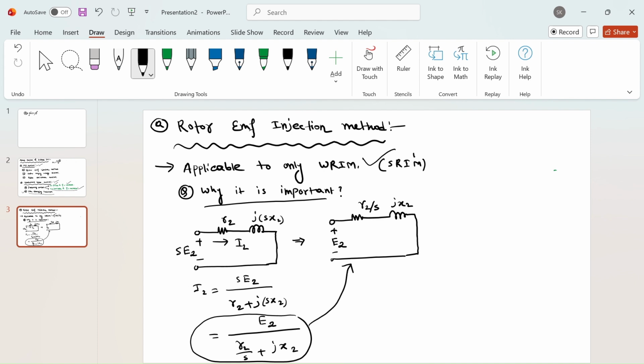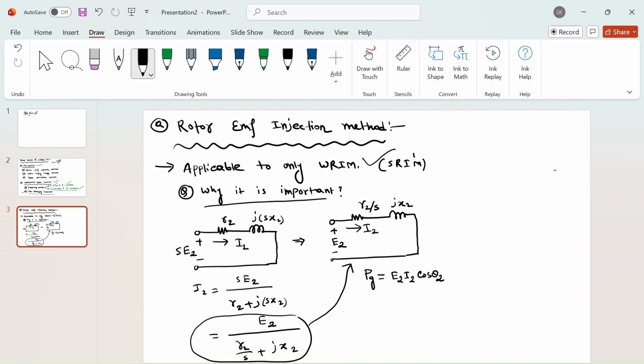Now if you see the power input, let's say the rotor power input is nothing but the power that is coming from the air gap. So the air gap power can be written as Pg equals E2 I2 cos theta 2.